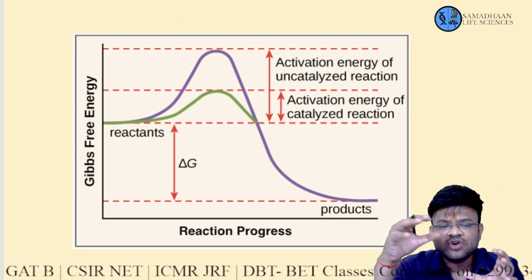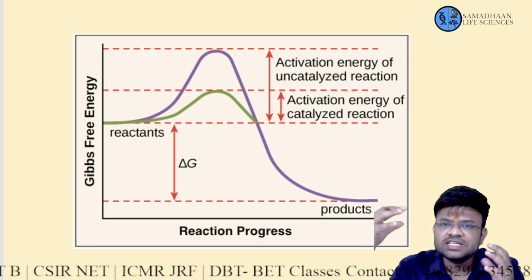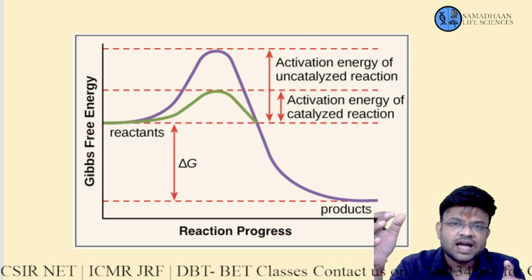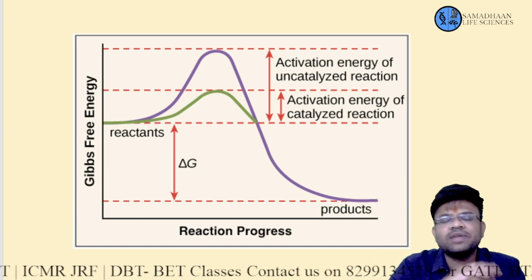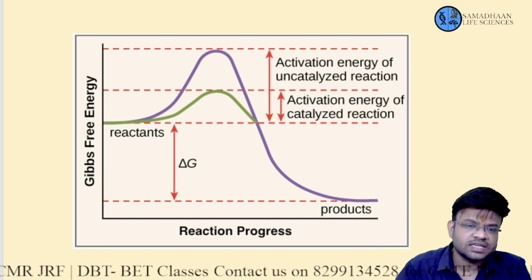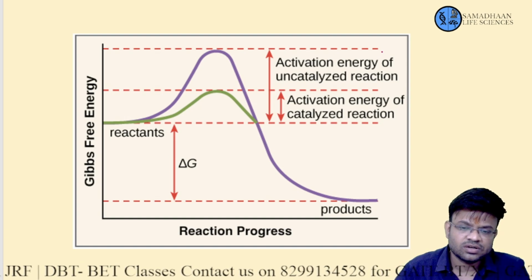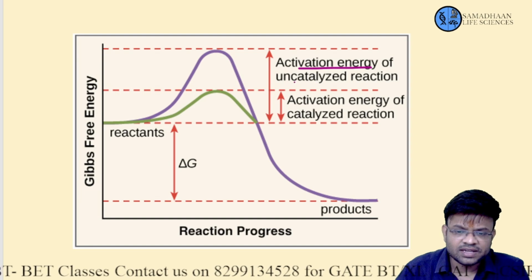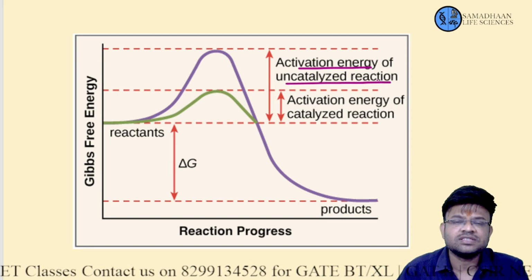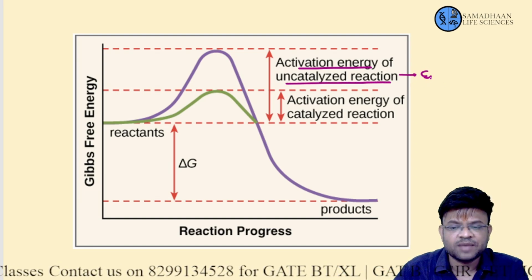We are going to talk about this also, but this is essentially saying the same thing. It's just that the catalyzed as well as the uncatalyzed reactions have been shown in the same diagram. So over here you can see that, let me just show it to you. This is the activation energy of uncatalyzed reaction, that means in which the enzyme is absent.